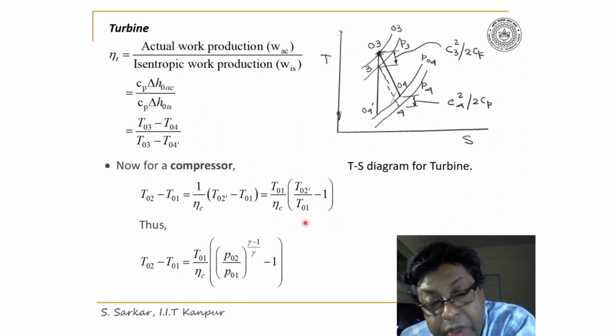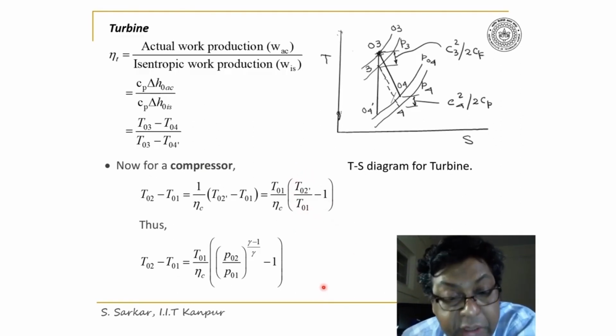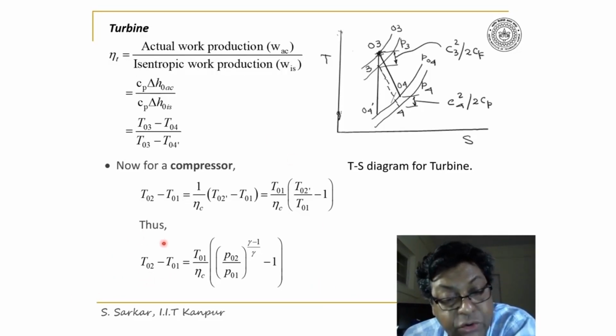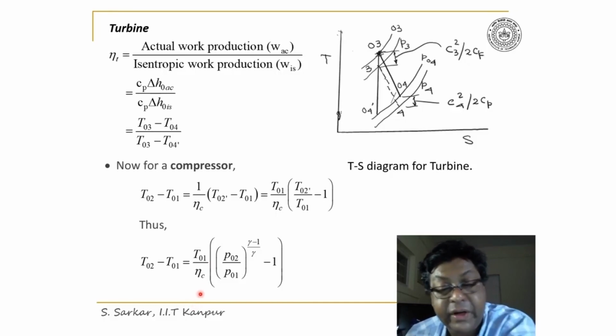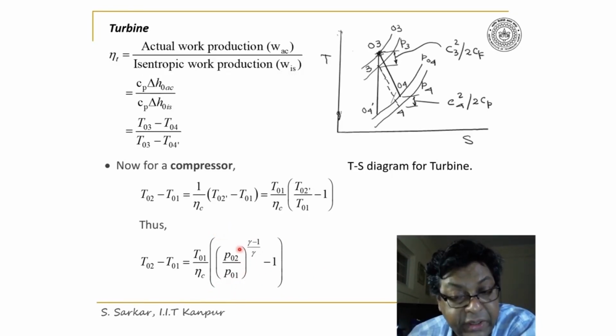Now T02 dash by T01 can be expressed in terms of pressure ratio. Therefore, I'll get T02 minus T01, that is actual temperature rise in the compressor, equal to T01 divided by eta C, T01 the initial temperature at the entry, eta C the compressor efficiency, within the bracket P02 by P01, that is pressure ratio, to the power gamma minus 1 by gamma.